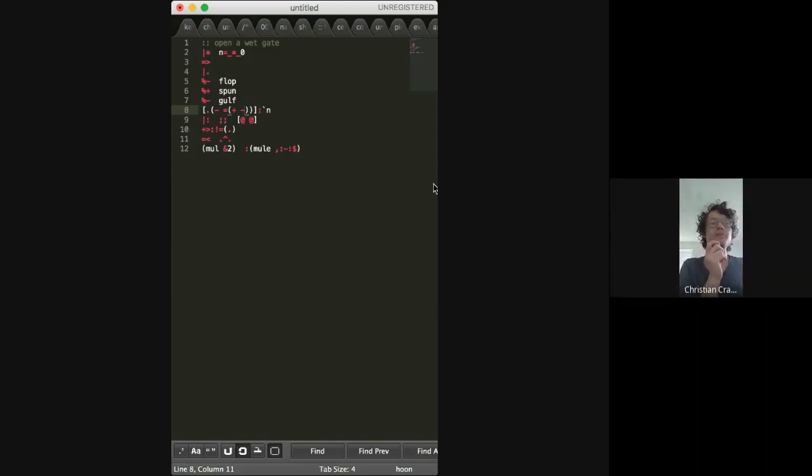Yeah. Okay. But then the thing that spun does is it reaches into... So spin takes 3 arguments: the list, the initial state, and then the gate.